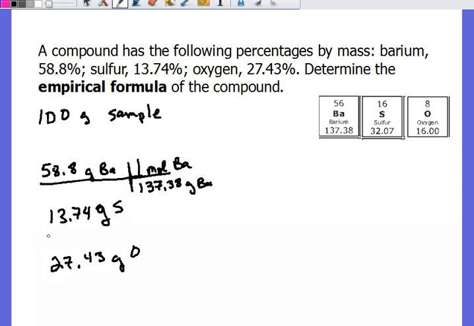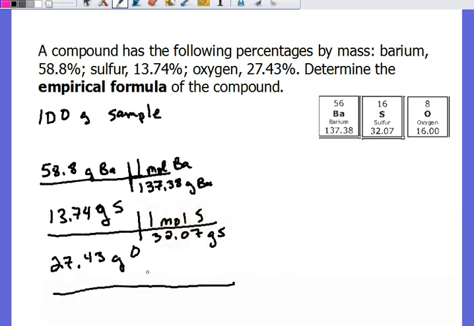And then you're going to do the same thing for your sulfur, 32.07 grams of sulfur, and oxygen, 16.00 grams of oxygen in a mole of oxygen.